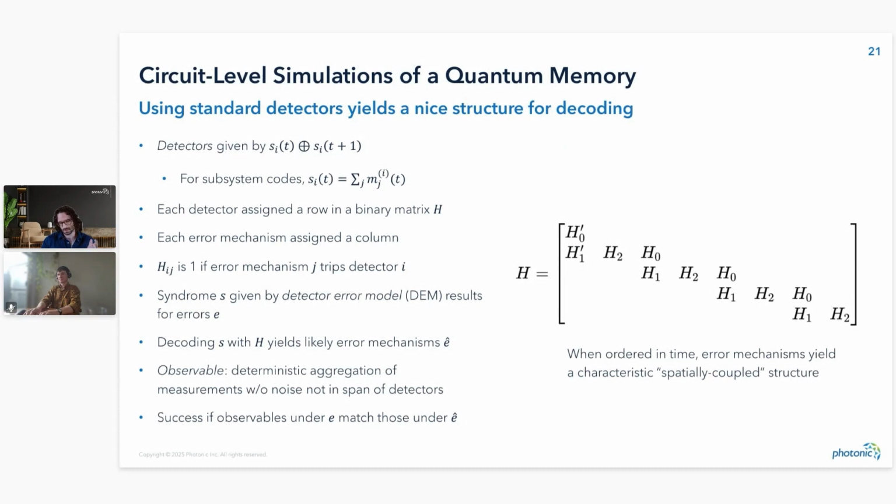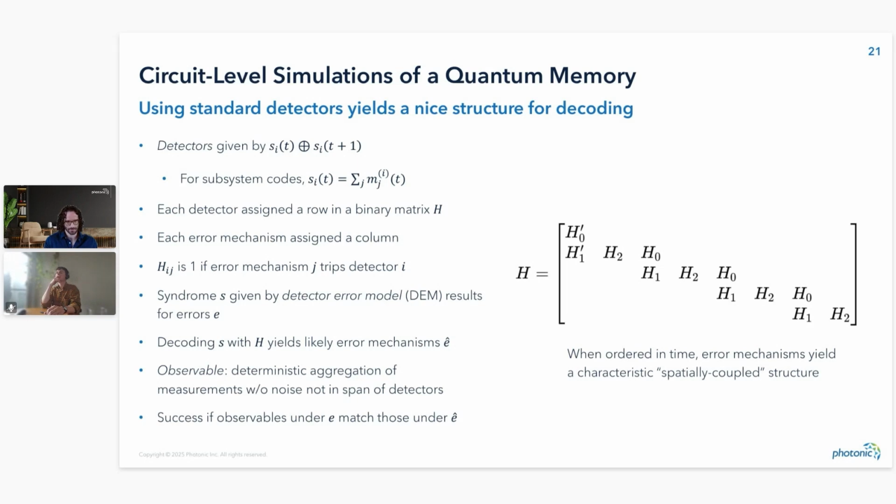And that is, you take a stabilizer measurement that you made at time t, and then you compare it against the value of that stabilizer measurement at time t plus 1. So all this is doing is essentially telling you, did I have an error occur between time step t and time step t plus 1, where that error anti-commutes with the particular stabilizer I'm measuring?